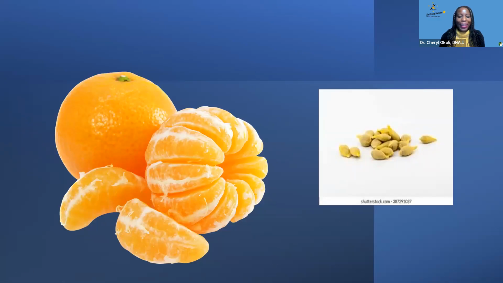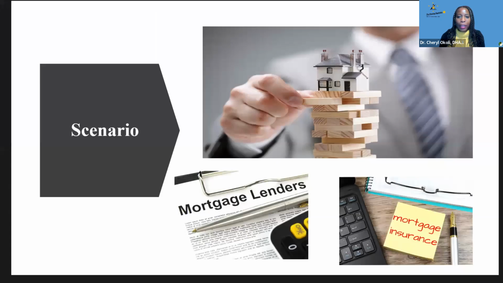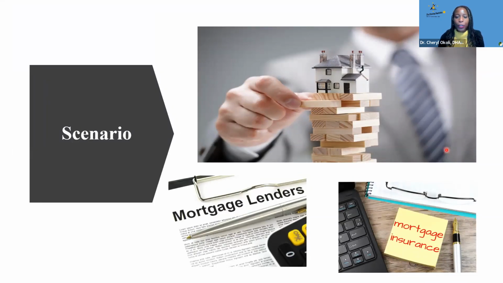So let's get to the right screen of mortgages. As I'm pulling this up, I want you to think about a few things here. Here we go. When you have a mortgage, there are usually three parties in play. Depending on where you're watching from and which country you belong to, it might be a little bit different. But for the process of this episode, the workplace is the mortgage lenders, mortgage providers, if you will, okay?